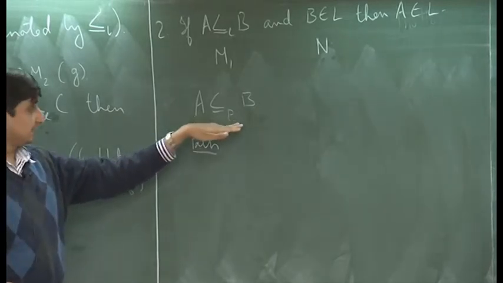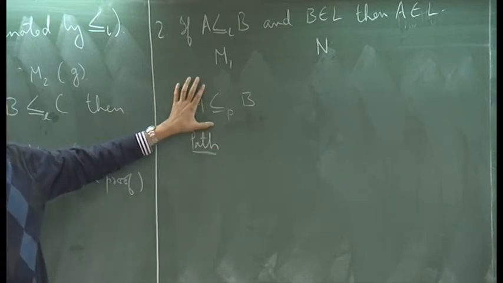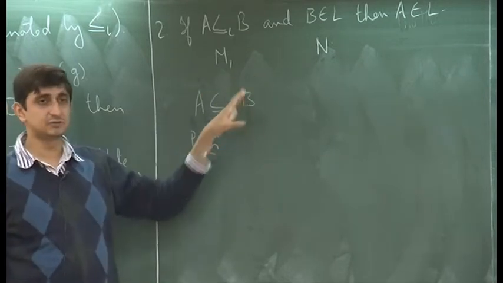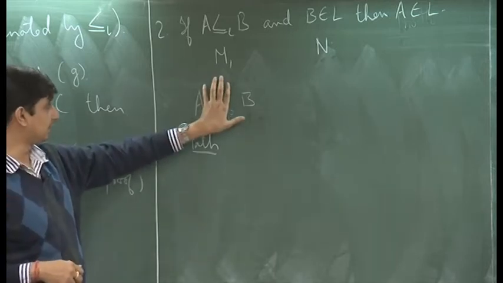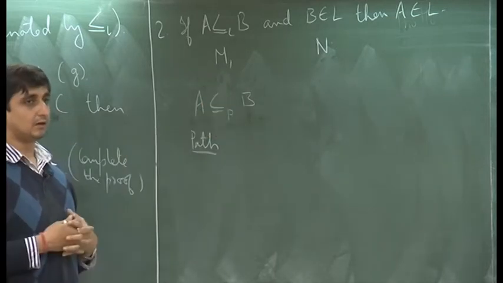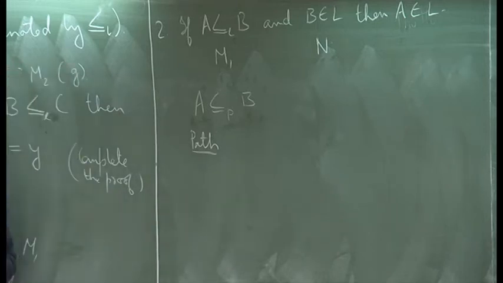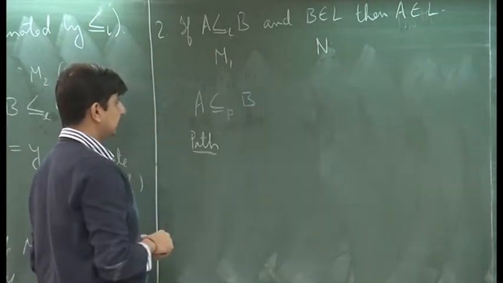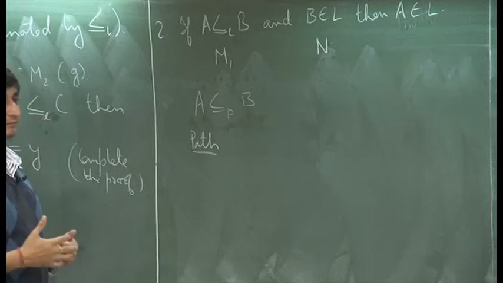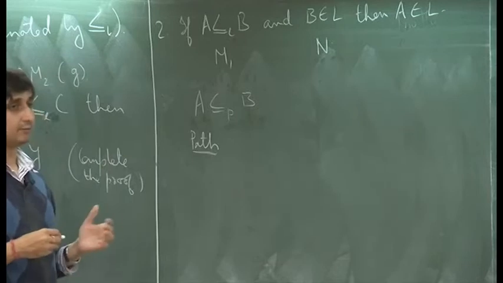But since we are using the power of polynomial time reduction, I can actually go ahead and compute A and then map it to a yes or no instance of B appropriately. So, I am misusing the power of the reduction that is given to us to actually solve the problem, which we are not supposed to do. That is why it is important that we consider reductions which are at most as powerful as the classes that we are considering.